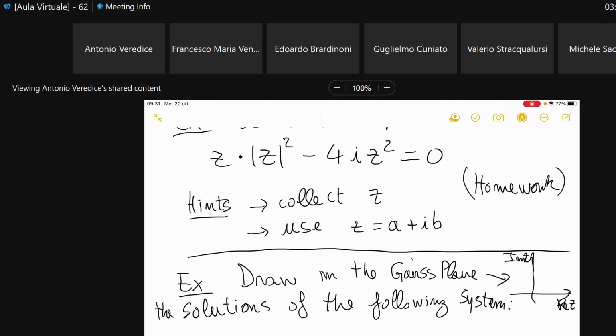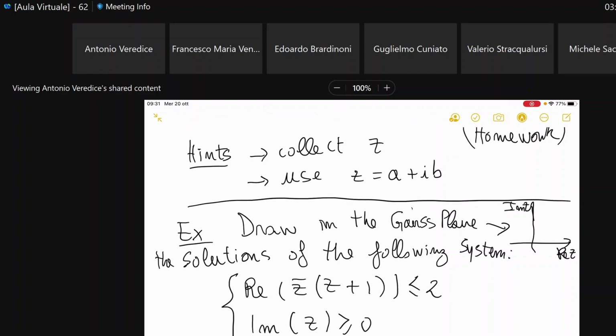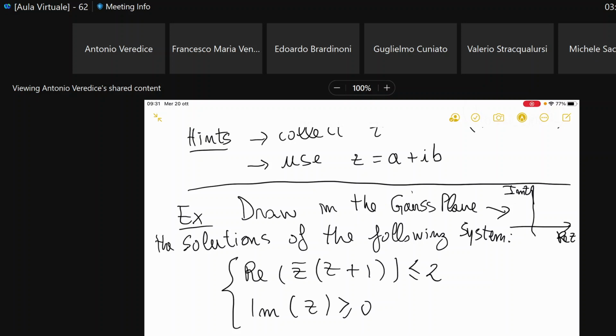And the system is: real part of z conjugate times z plus 1 less or equal than 2, and imaginary part of z greater or equal than 0. Okay, so you have to represent this system in the Cartesian plane.